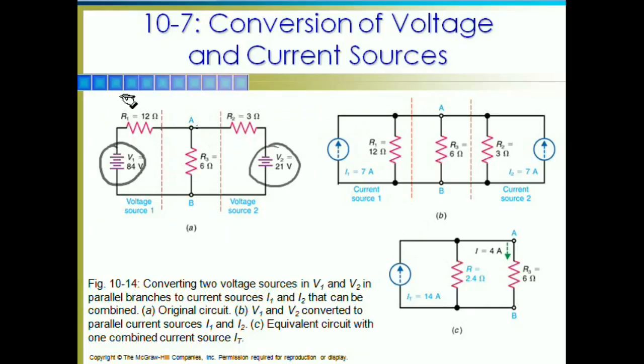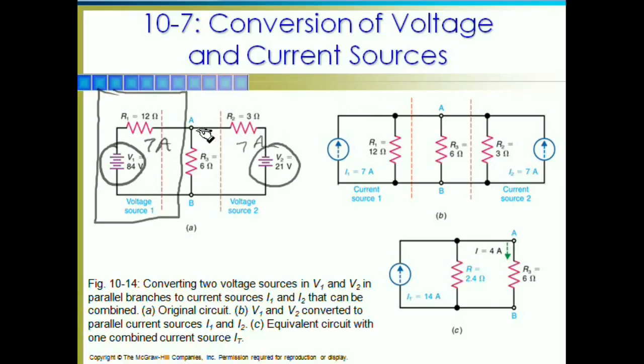We pull the load and we look at one side at a time. Just like Kirchhoff's current law says we can do this back in chapter 9, which we didn't cover. But we can analyze this by looking at 84 volts and 12 ohms, which is 7 amps. 21 volts and 3 ohms, that's 7 amps.